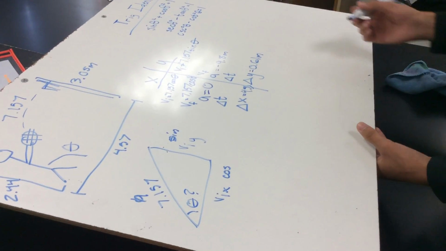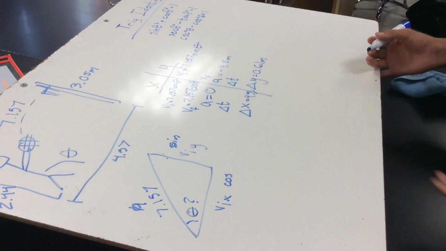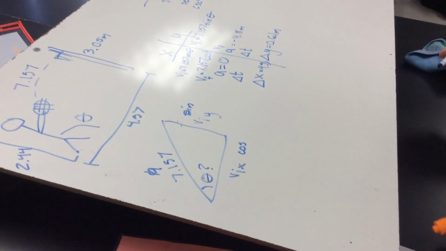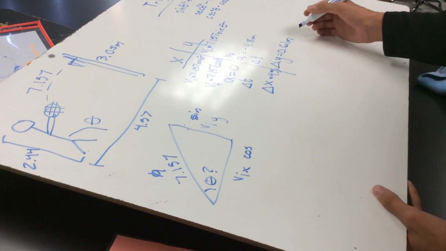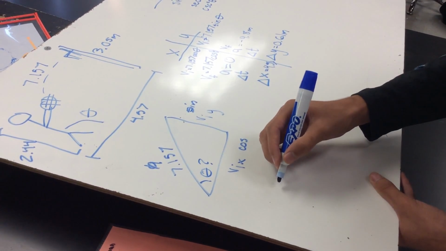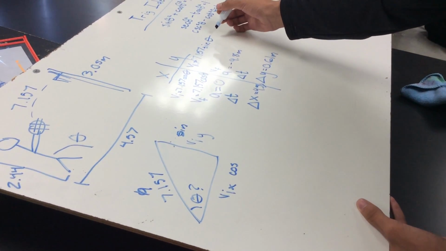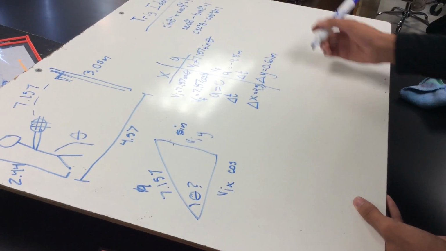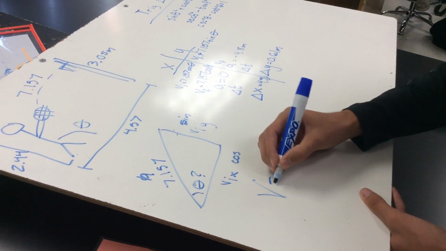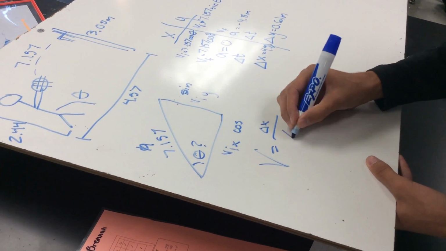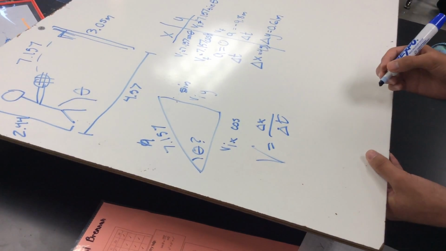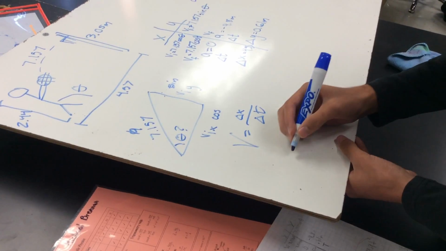So basically, now you have all your givens, so you can proceed to find change in t, which normally you could derive from kinematics. But since you don't have enough givens on this side, you'd use velocity equals change in x over change in t to find your change in time.